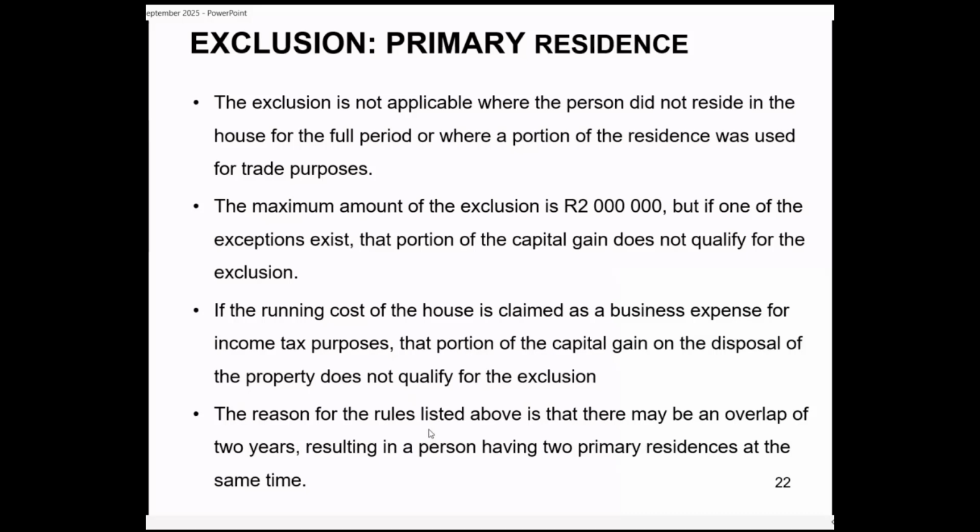So we have 2 million as exclusion, but the exclusion does not qualify where the house was used for trade purposes or where business expenses were claimed, because the taxpayer qualified for section 11A and the deduction was made on that. And another thing is where the taxpayer is having two primary residences at the same time.